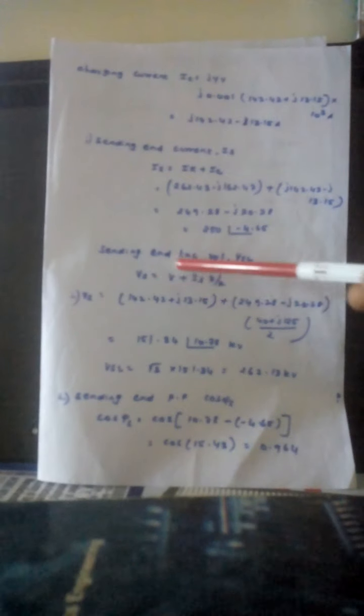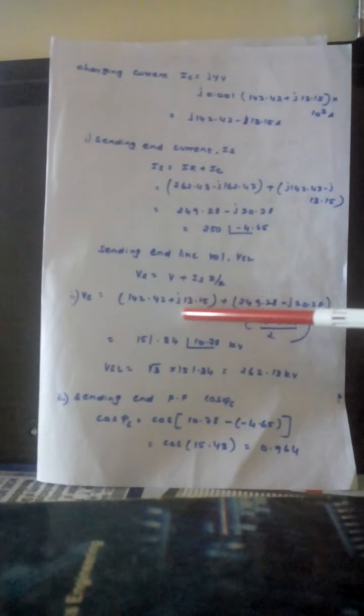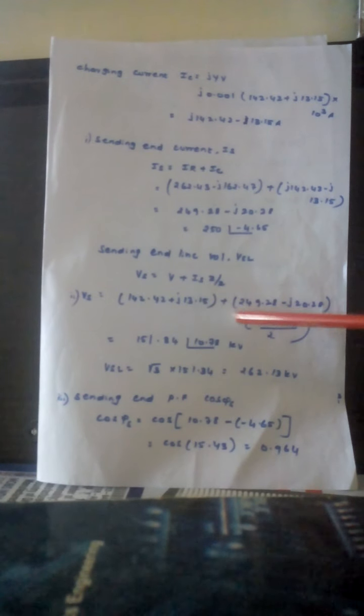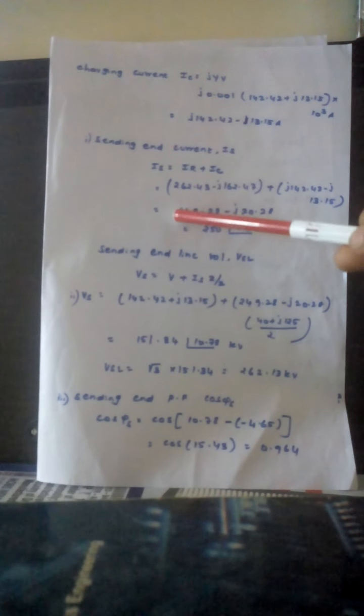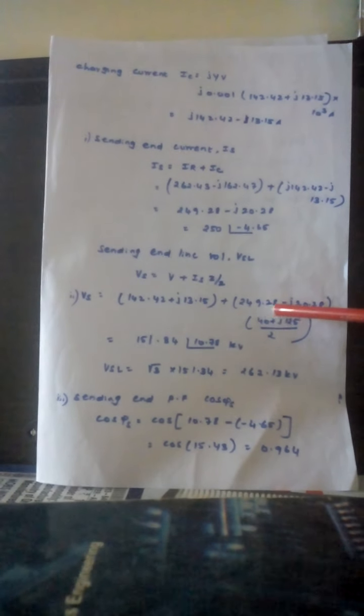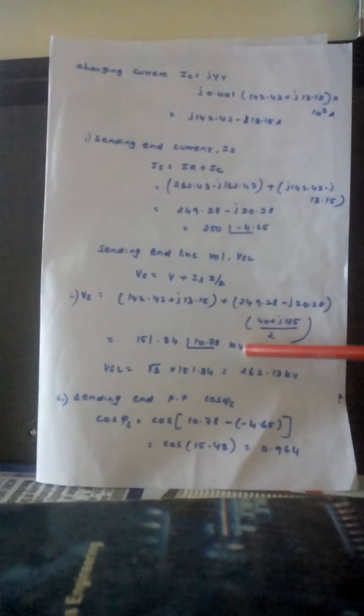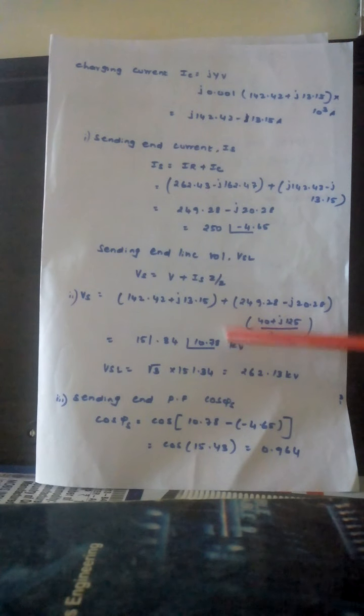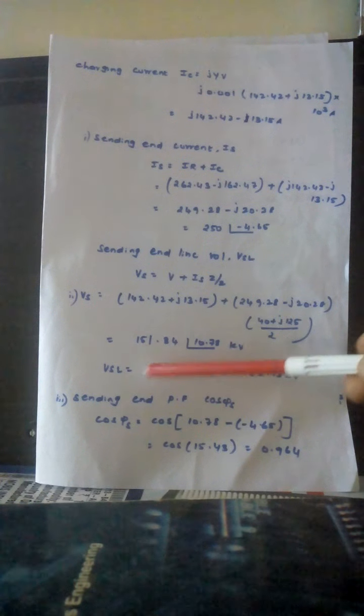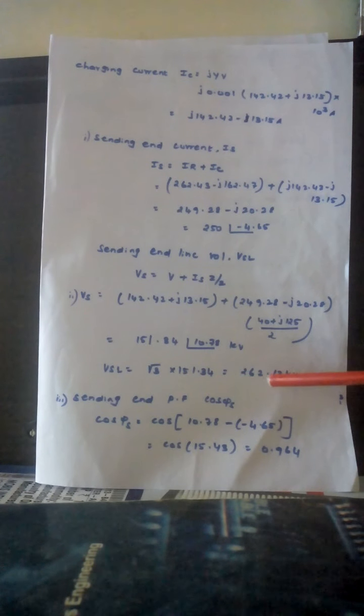So Vs will be equal to 142.42 plus j13.15, plus the Is value in rectangular form, 249.28 minus j20.28, into Z by 2, which is 40 plus j125 divided by 2. So we are getting Vs, which is in phase voltage. We convert it into line voltage, so it is root 3 into phase voltage. So we are getting 262.13 kV.